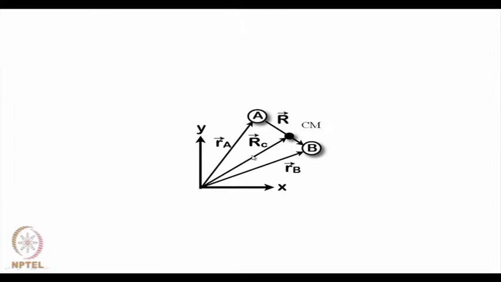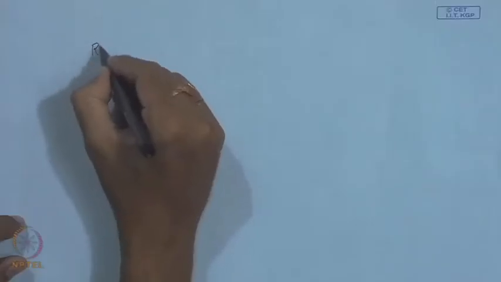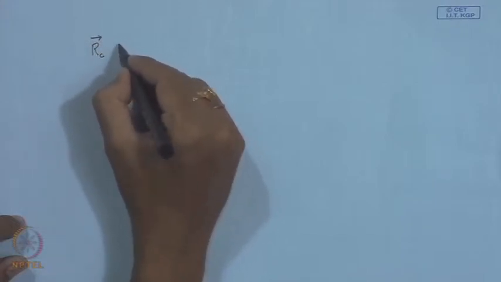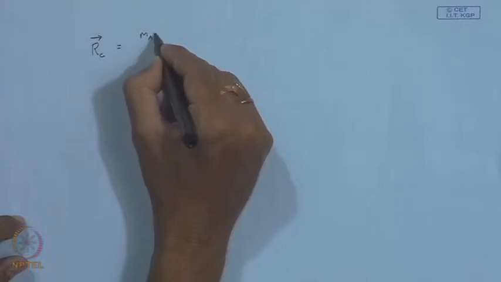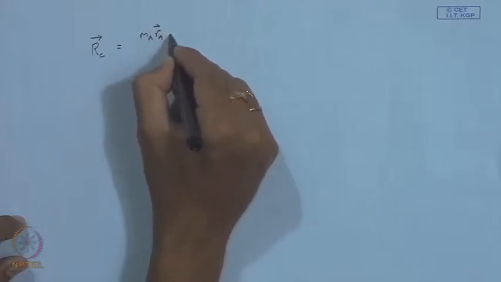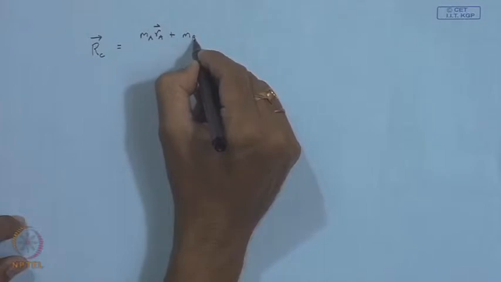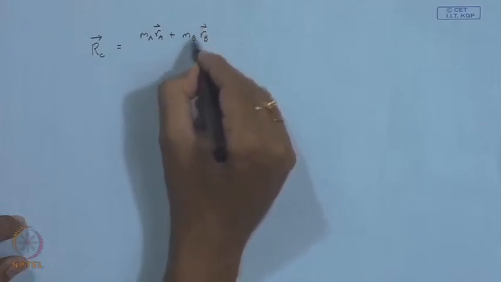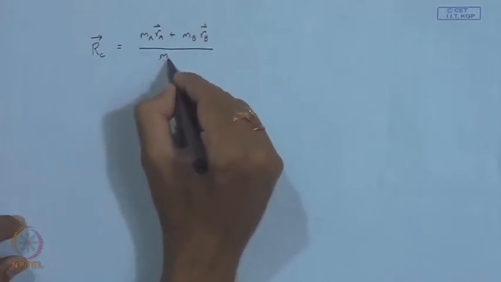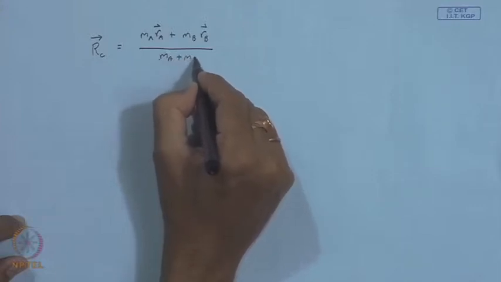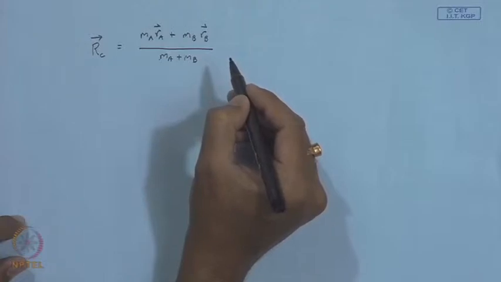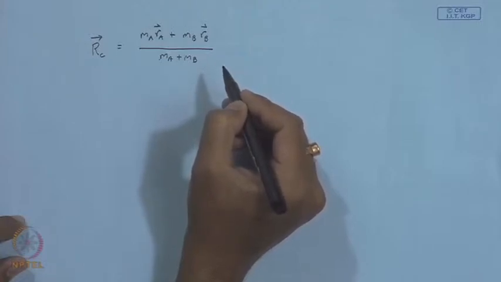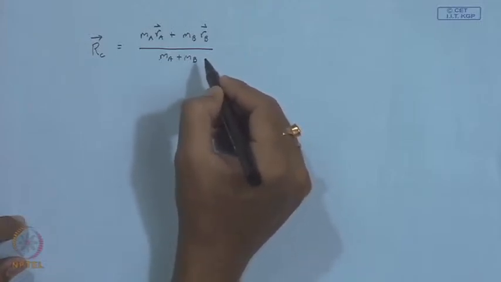Now, R C vector is equal to M A R A plus M B R B divided by M A plus M B. Okay. So, this is R C, that is the coordinate vector of the center of mass.